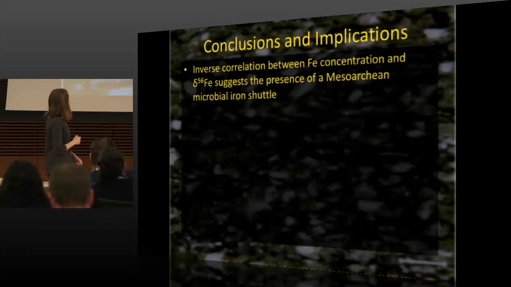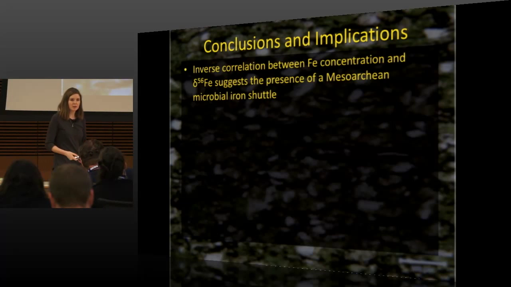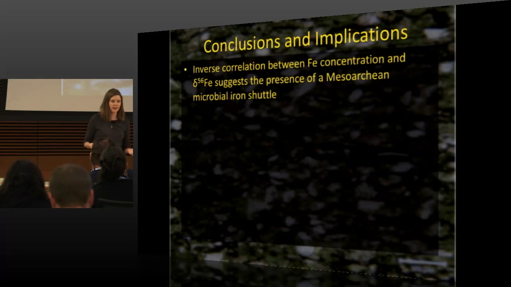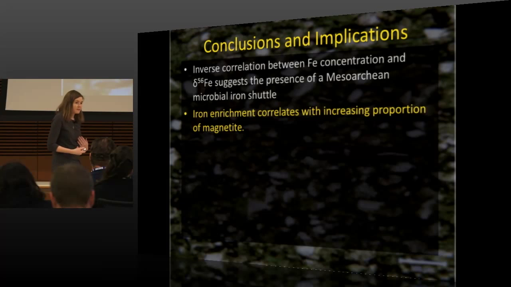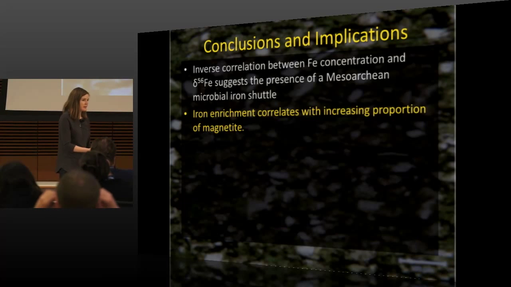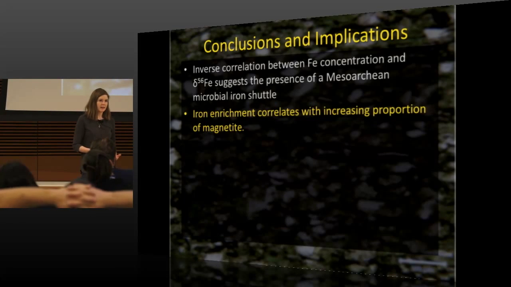So to tie everything together, we see an inverse correlation between the iron content and the iron isotopes, which is indicative of a microbial iron shuttle. And the inverse correlation between iron isotopes and manganese content is suggesting that manganese is being shuttled as well. The iron enrichment is corresponding to an increasing proportion of magnetite in the samples.